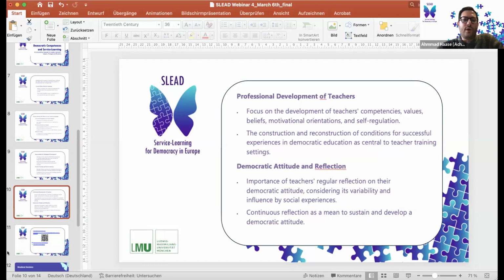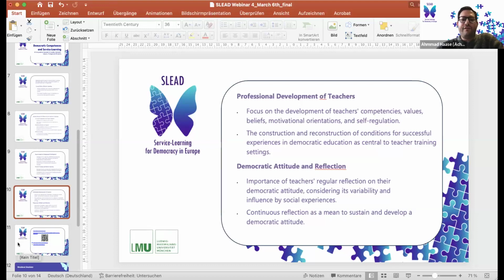Democratic attitudes also have to be reflected upon in a professional way by teachers. It's really important for teachers to regularly reflect on their democratic attitude, considering its variability and that it is influenced by social experiences. And also its conscious reflection is a means to sustain and develop a democratic attitude.